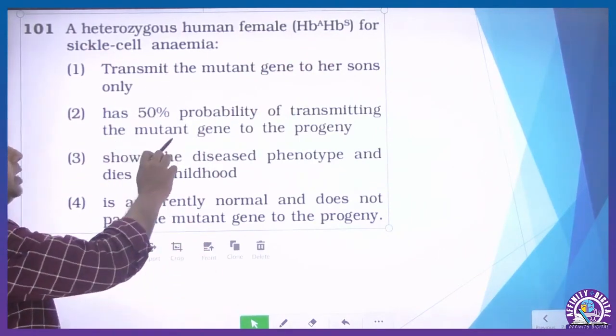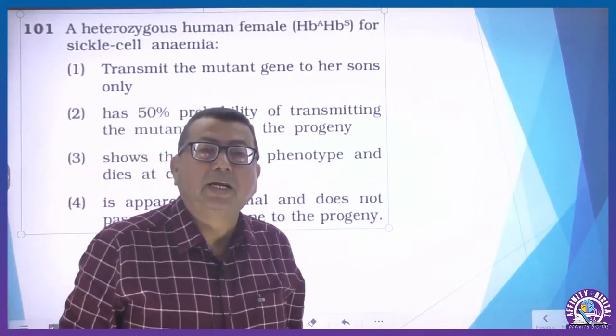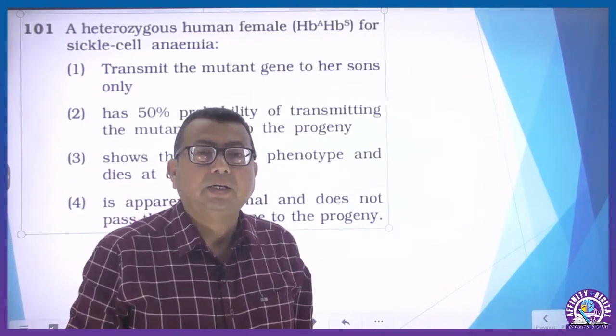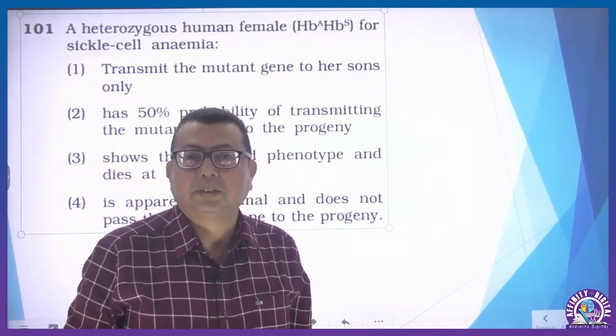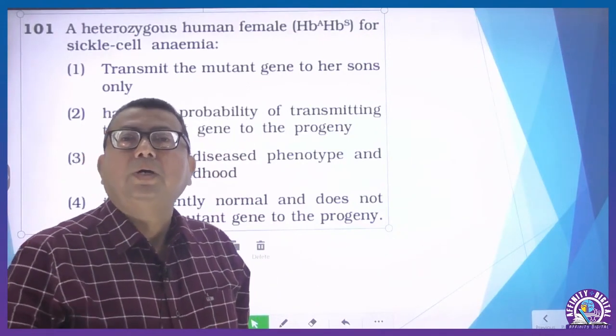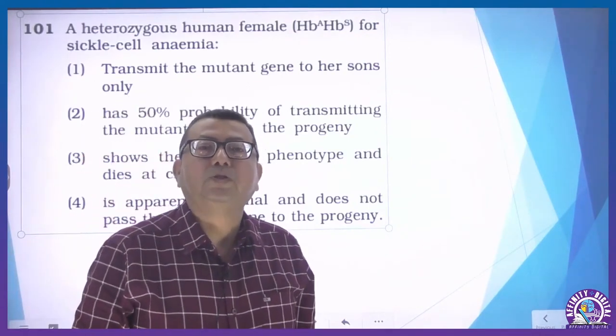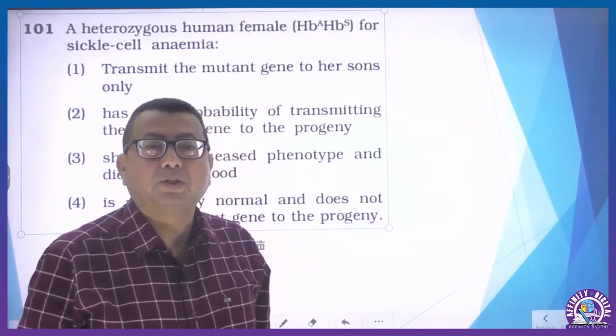Option 1, as you know, sickle cell anemia is an autosomal recessive disorder in humans. And as you know, an autosomal recessive gene produces effect only in homozygous condition.